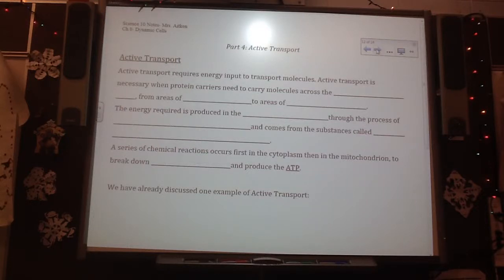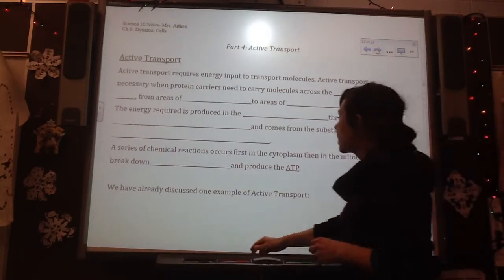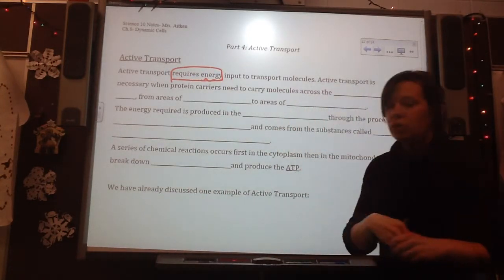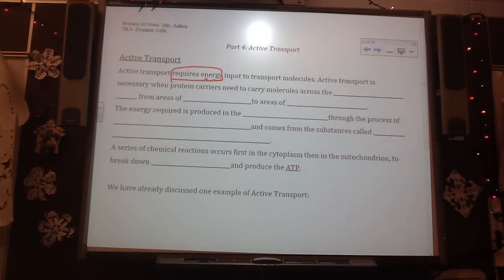So active transport, remember, it requires energy, okay? Very important, to transport molecules.